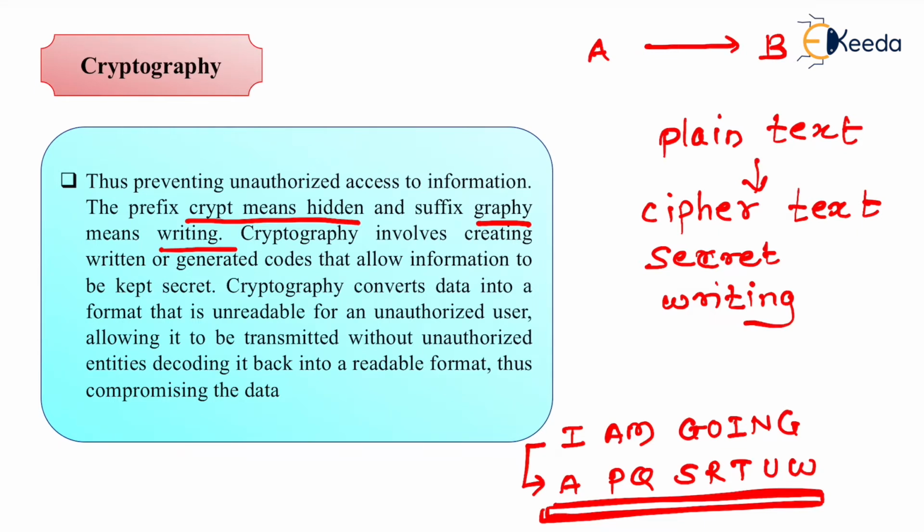Whenever the authorized receiver gets this message, APQ, SRT, TUW, the receiver will try to decrypt it, and after the decryption the receiver will be able to get "I am going." So this is the encryption and this is nothing but what? Decryption.